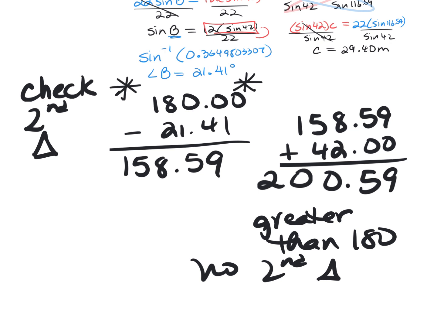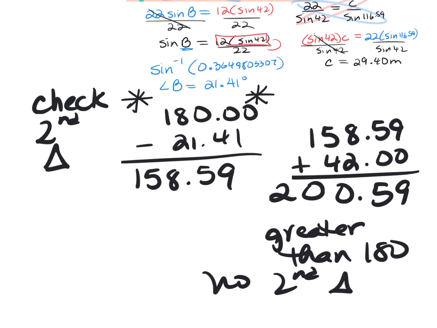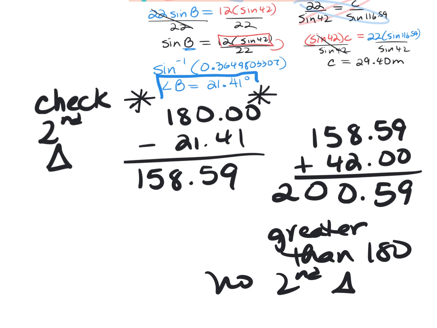So as soon as you subtract the first angle you got from 180, and then add that to the original, if this number stays under 180, I can make another triangle. So this problem is done.